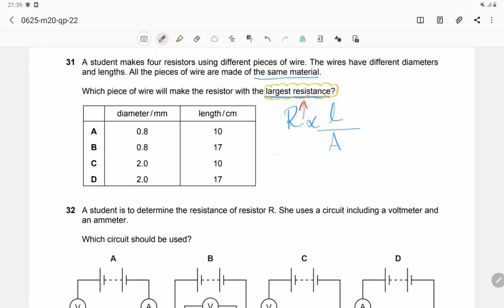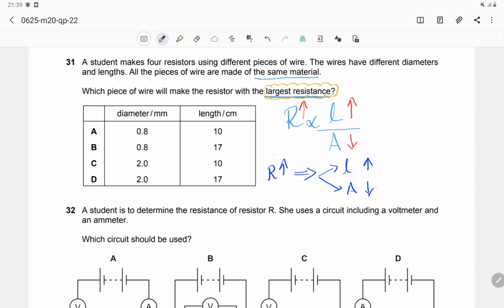In order to get a larger resistance, the length also should be larger, but the area of cross section should be smaller, because area of cross section is in the denominator. So we can write, in order to get a higher resistance, the length should be greater and the area of cross section of the wire should be smaller.